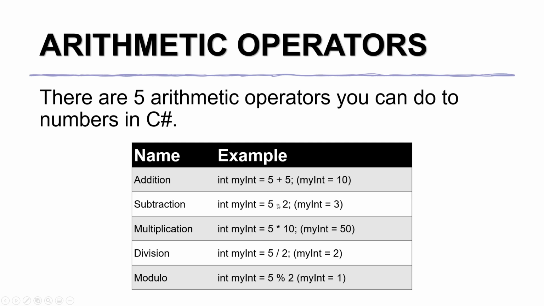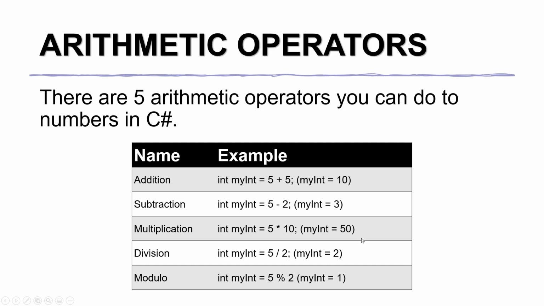So addition, subtraction, multiplication, we do use the little asterisk to declare that we're doing multiplication, not like an X or anything like that. Division is the slash for division, and modulo, which is the percent kind of looking sign.